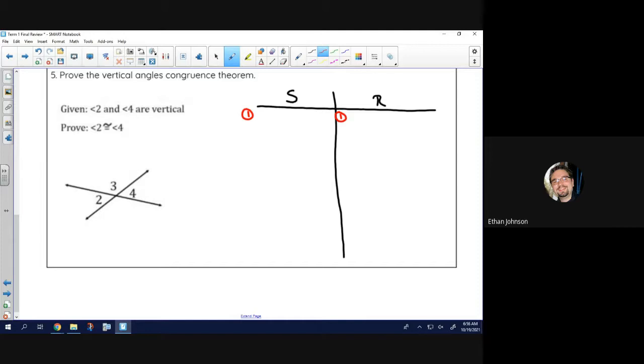So remember, since we're proving the vertical angles are congruent, we cannot say automatically that angle 2 and angle 4 are congruent. So I can say angle 2 and angle 4 are vertical angles, because that is given.